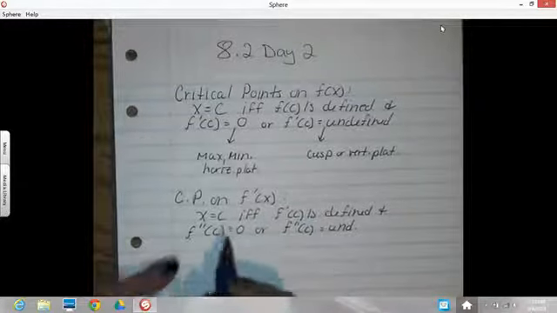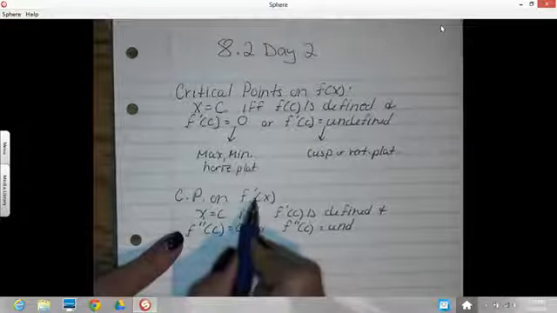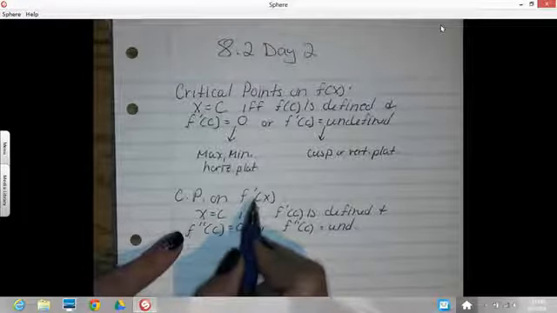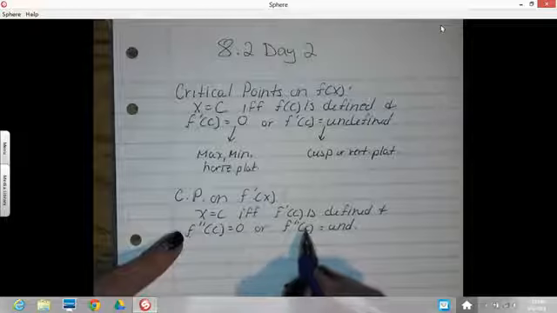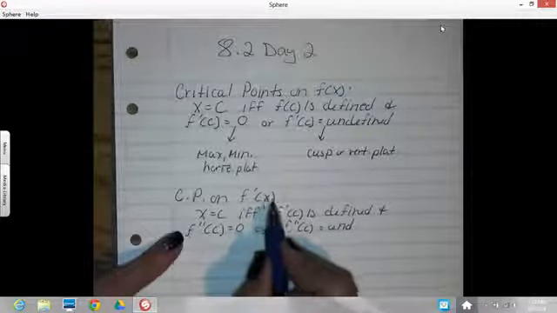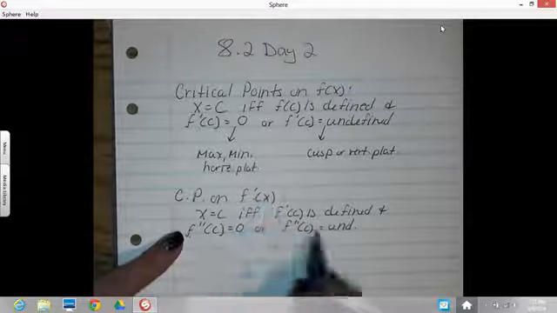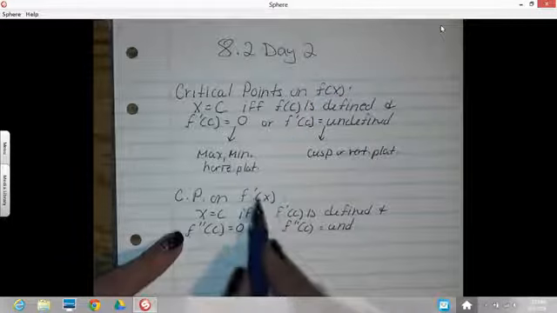So if the second derivative is 0, that means the first derivative had either a max or a min or a horizontal plateau. If the second derivative is undefined, that means the first derivative had either a cusp or a vertical plateau. So these don't tell us anything about the original function. It tells us things about the derivative function.